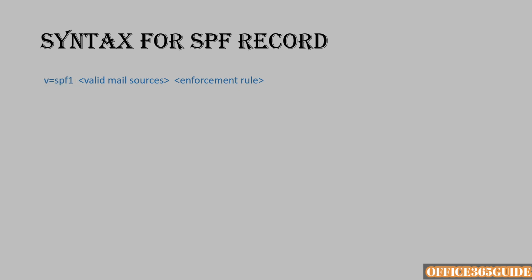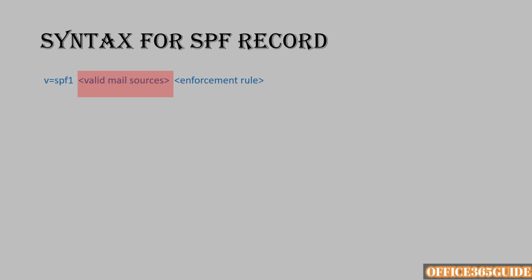Next, valid email sources. This will contain all the IP addresses or the DNS names that you are sending emails from. So for example, I may be sending emails from my Exchange Online, or users might be sending those emails, but I do have another print server or print to scan or another application that might be sending emails on behalf of my domain.